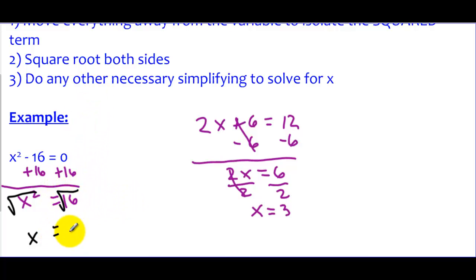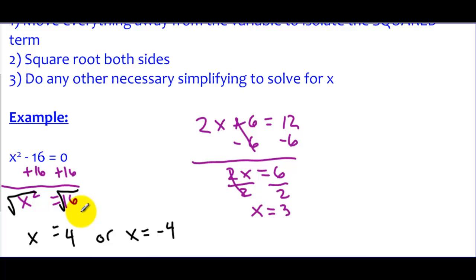The square root of 16 actually has two answers. One of the square roots of 16 is probably what you're thinking, and that is 4. The other possibility is negative 4, and here's why. The definition of square root is what number, when I square it, gives me, in this case, 16. 4 squared does give me 16. However, negative 4 squared also gives me 16.